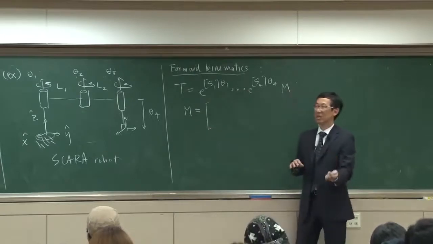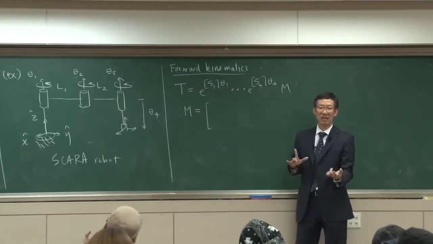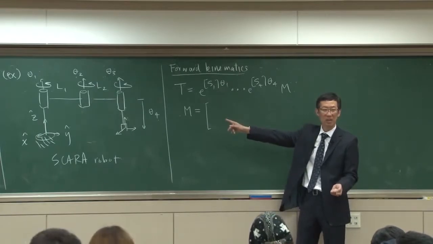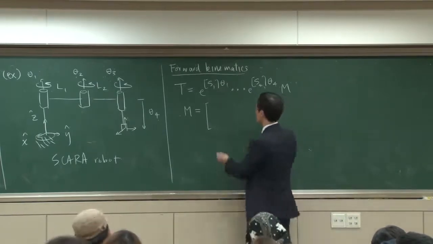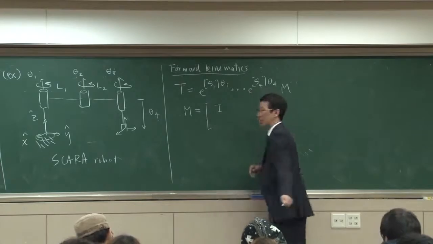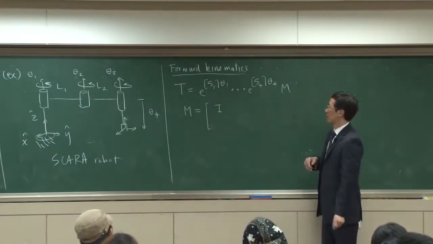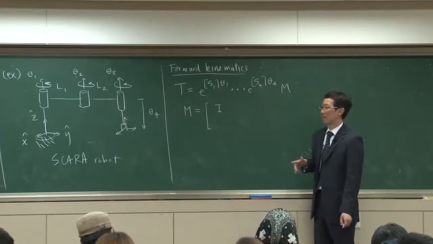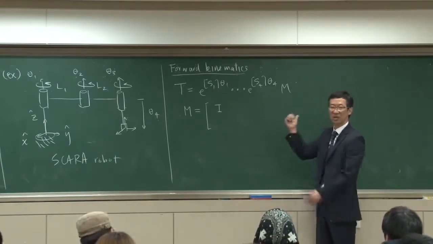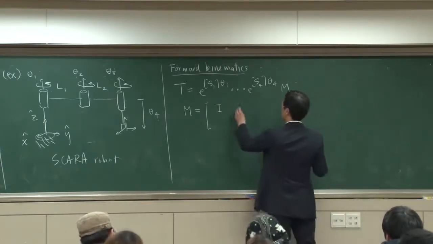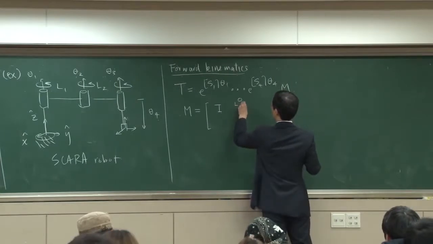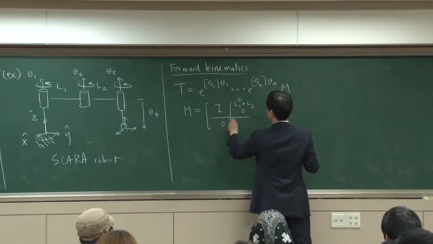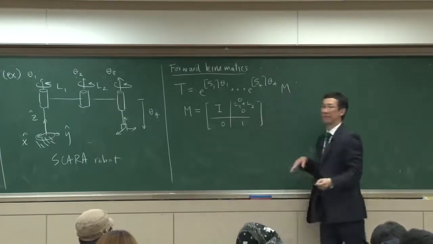M is the orientation of the tool frame in the home position, or the 0 position. So the orientation is the same as the fixed frame. What about the position of the end effector frame? Well, in the y direction, it moves L1 plus L2, otherwise everything is 0. Okay, so there's my M.